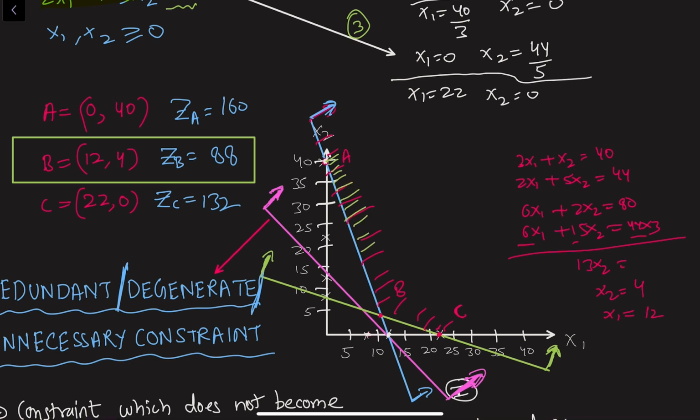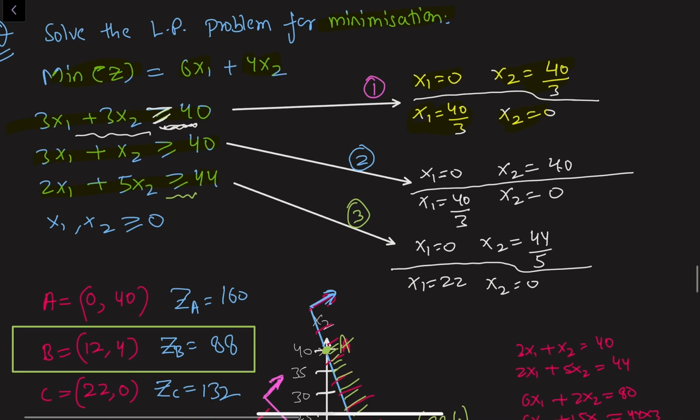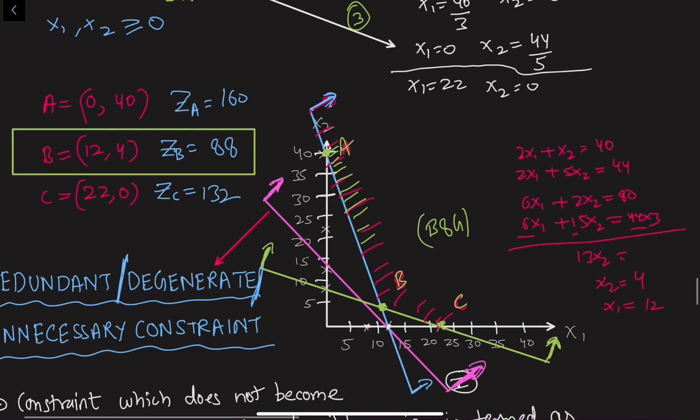And the points which I have are A, B, and C. These are my 3 corner points. Okay, so the A point I already know, the C point I already know, and the B point I can find by solving the blue and green lines, which are nothing but these 2 equations. Then we'll get the B point. By solving these 2 equations, I will get 12, 4.